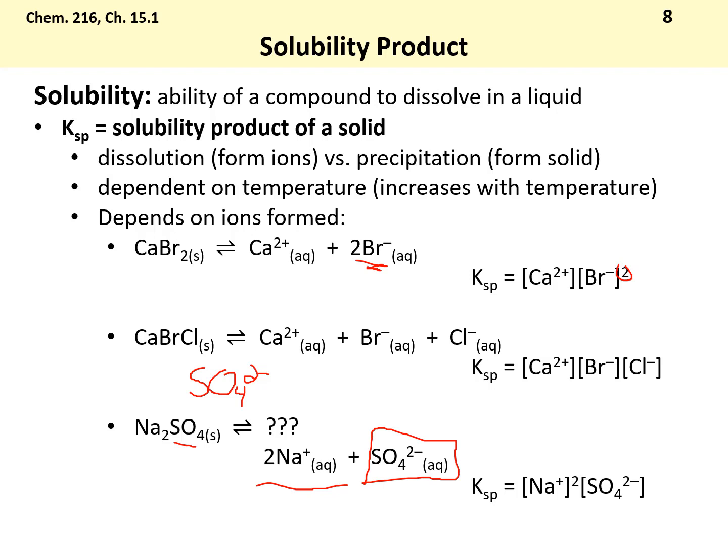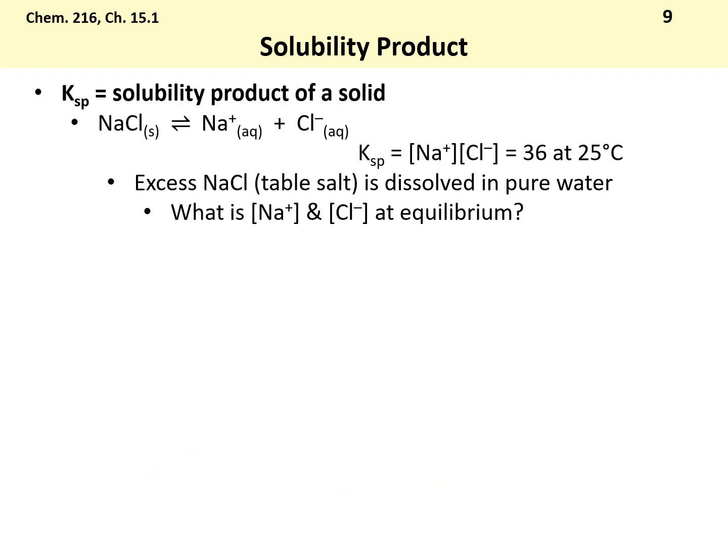So I'll get 2 Na+ and SO4 2-. And so my Ksp will be the concentration of the sodium squared times the concentration of my sulfate.